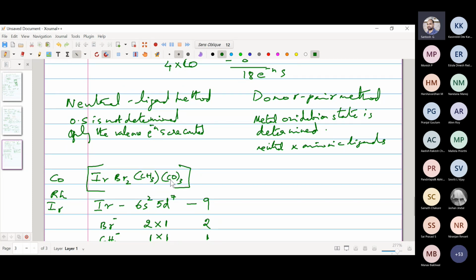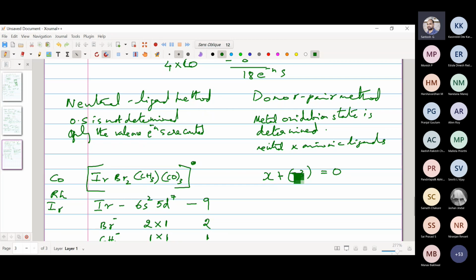So X plus minus 3 equals 0. What is the 0? 0 is the total charge of the complex. Minus 3 is the charge of the ligands, 2 bromines and 1 methyl.